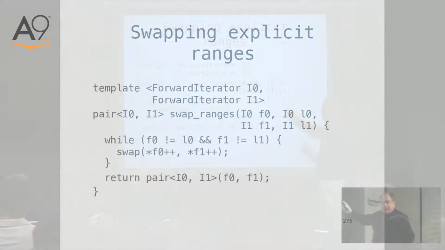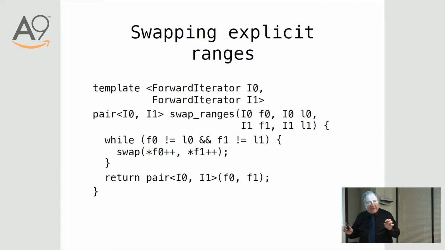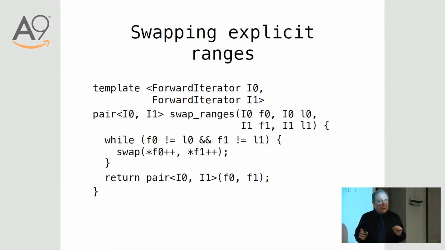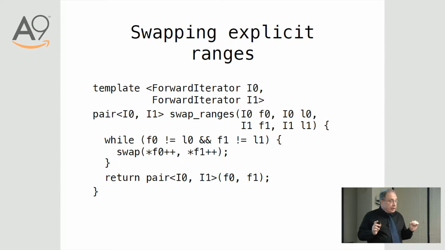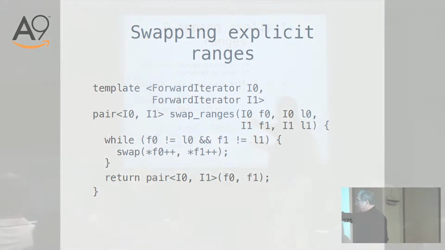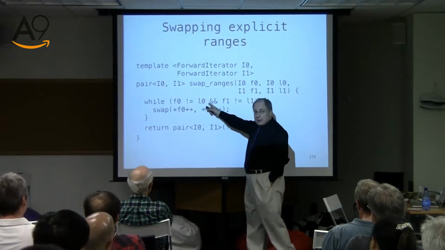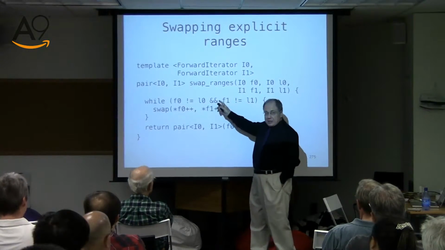Now, this is one of potential interfaces. Again, I could swap ranges when both ranges are given explicitly. Observe that they're not the same size. So I have to carefully assure this is what is done in the while statement.